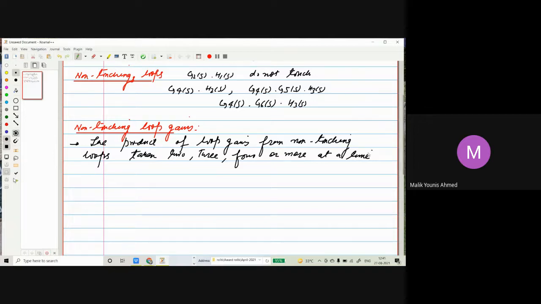So what do we mean? We had non-touching loops, so we have loop gains also. In the above figure, let us see.